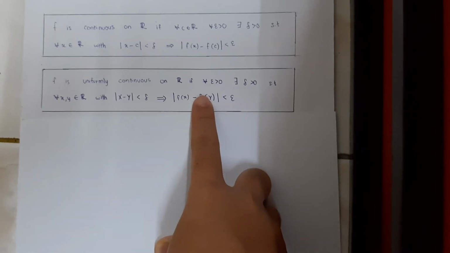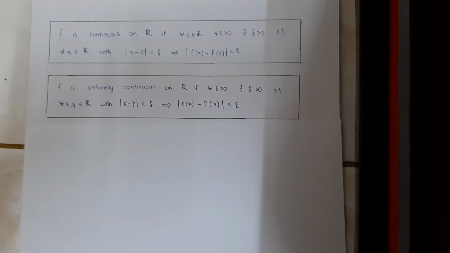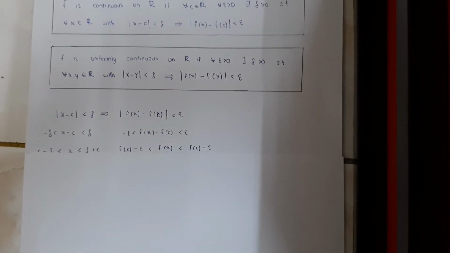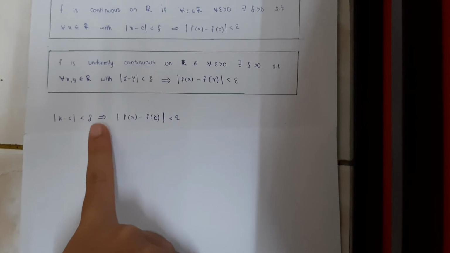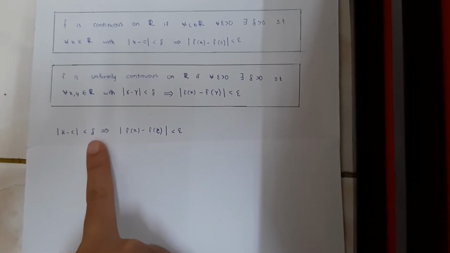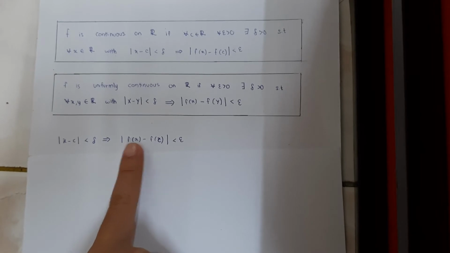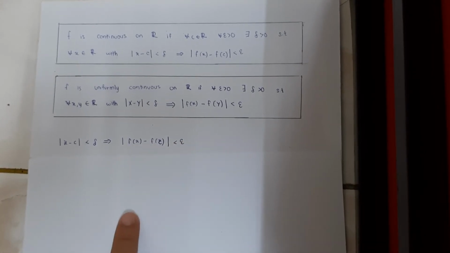So to see how it works, we see this. The absolute value of x minus c, this is for continuous, is less than delta, implies the absolute value of f(x) minus f(c) is less than epsilon.